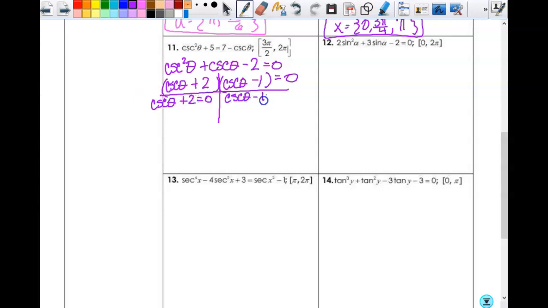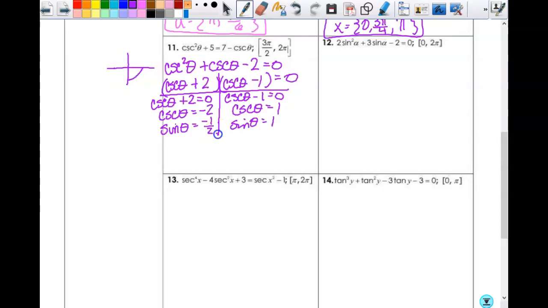Now that I've got it factored, this gives me cosecant theta plus 2 equals 0, and cosecant theta minus 1 equals 0. Cosecant theta equals negative 2. Cosecant theta equals 1. What's the reciprocal of cosecant? Sine. So the sine of theta is negative 1/2, and the sine of theta is 1. This interval is going from 3 pi halves to 2 pi, which is just the fourth quadrant.